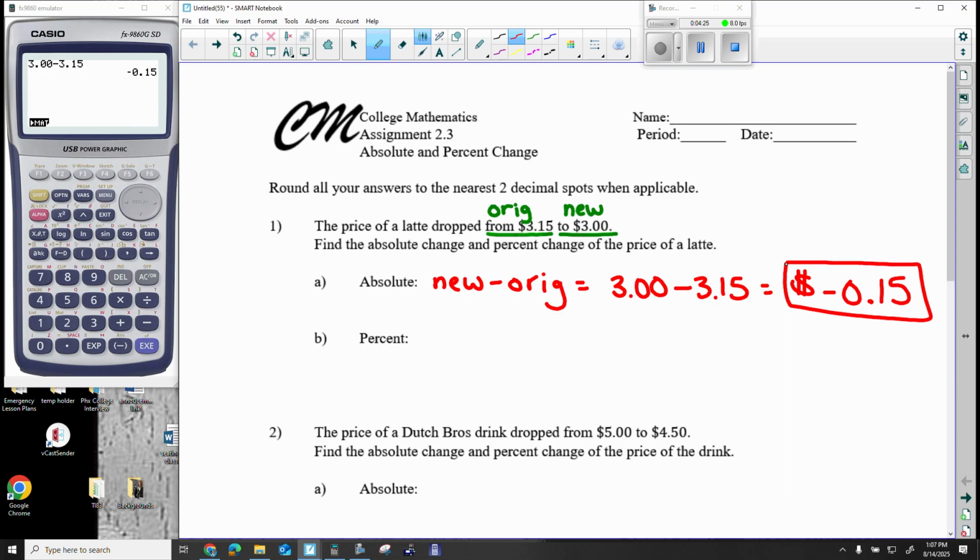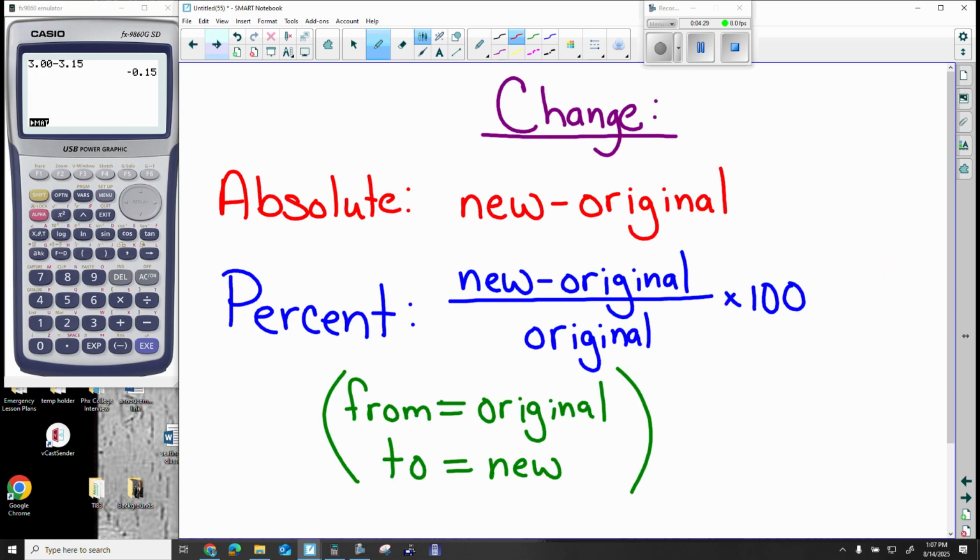All right, next, with the same numbers, they are asking for the percent change. So the percent change will be the new minus the original, divided by the original, times 100.